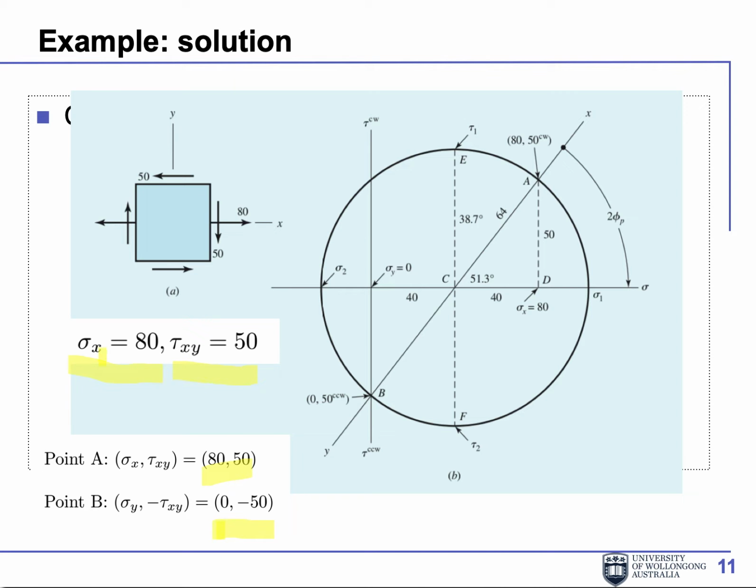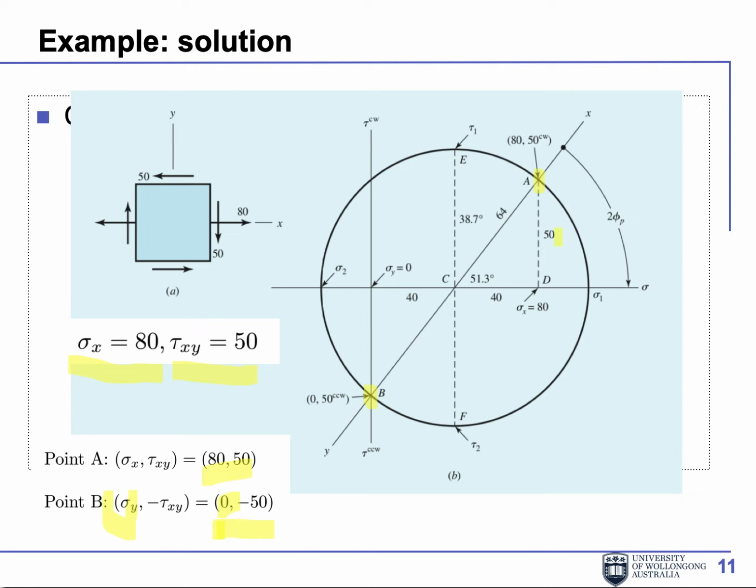If you only know sigma x and tau xy, you get 2 points because sigma y is equal to 0. So it's 80, 50, which is this point, and 0, negative 50. This is your horizontal axis for the normal stress, and this is your vertical axis for the shear stress.